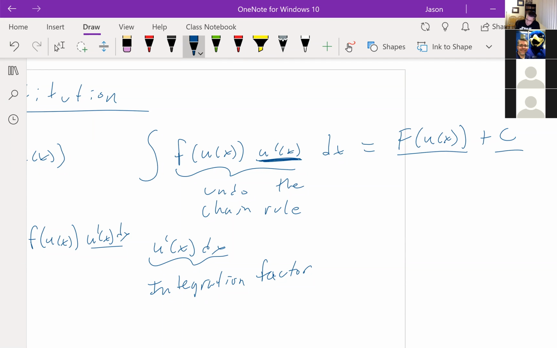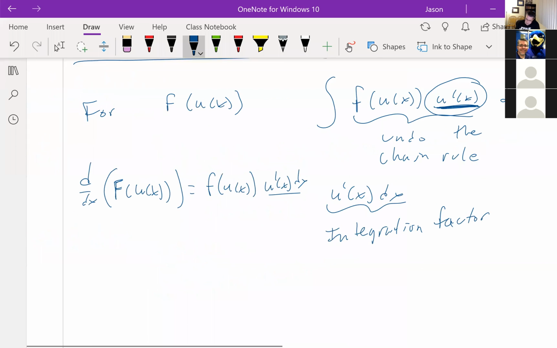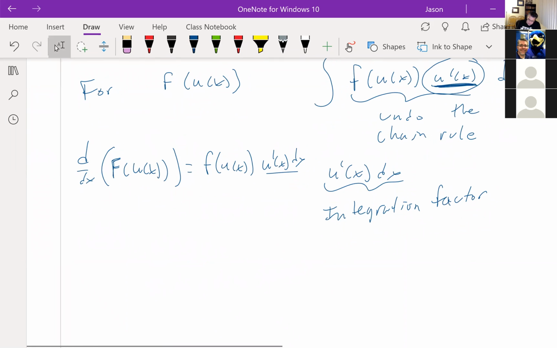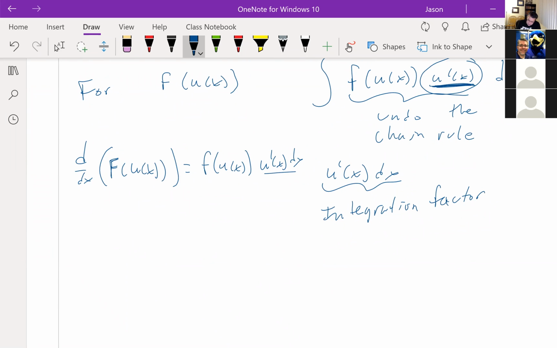But the goal today is to find out, well, what's my u prime of x? And there's a systematic way to figure out what the u prime of x is so that we can integrate. So for example, let's do 2x minus 7 squared.